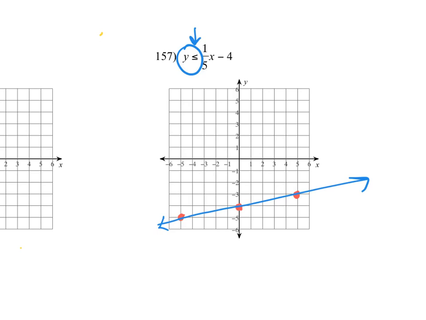So this is my point that I'm looking at, okay, because that's where it crosses the y-axis. So now you got to look at these points here. Where is y less than? Is less than on this side or is it less than on that side? It is on the bottom, therefore I'm going to shade the bottom. So my bottom portion is actually shaded.